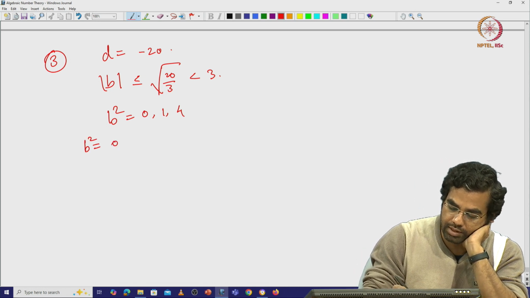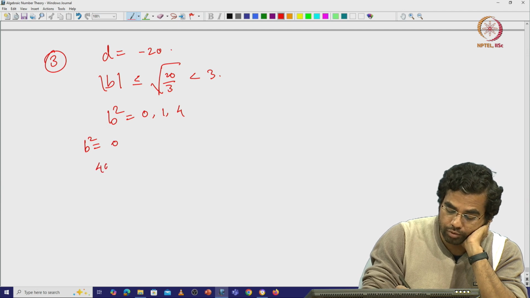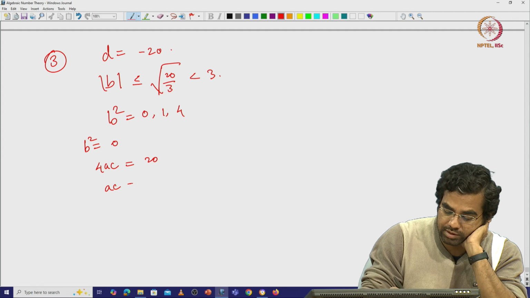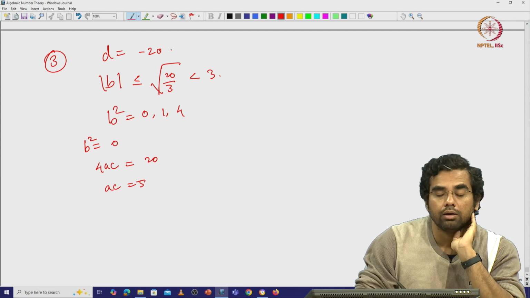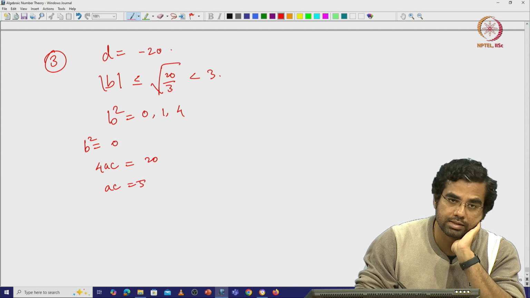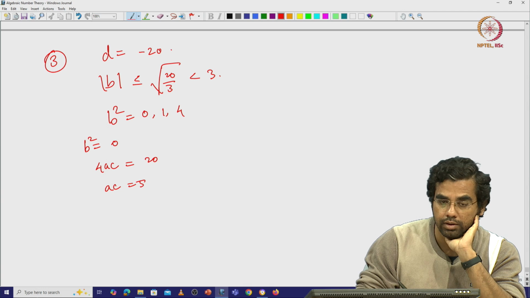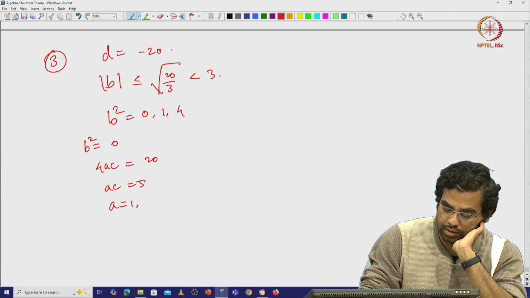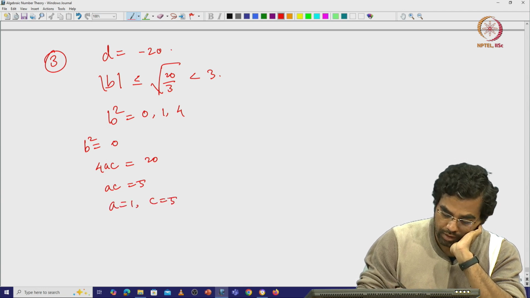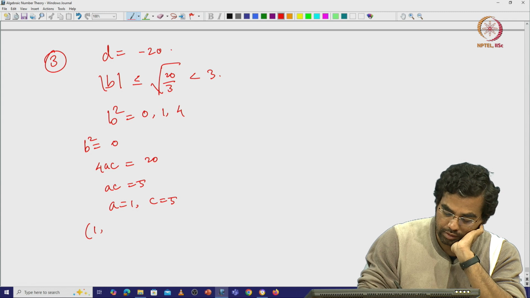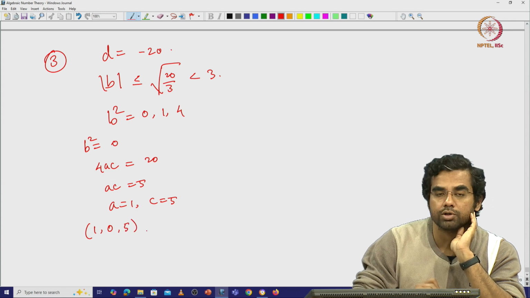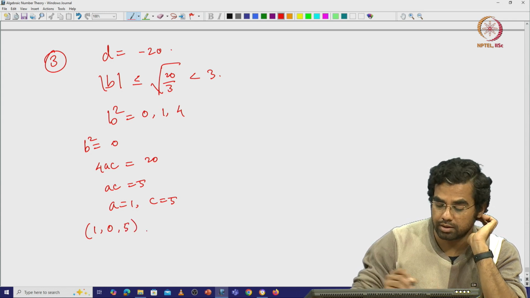So, let us say b square is 0, what do we get? 4ac is equal to 20, and so ac is equal to 5, and we want a to be less than c and both are positive. So, a is equal to 1, c is equal to 5, and so we have 1, 0, 5 as one possible binary quadratic form.